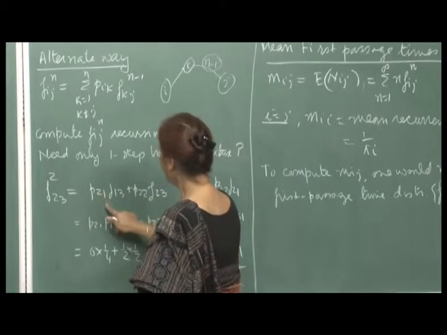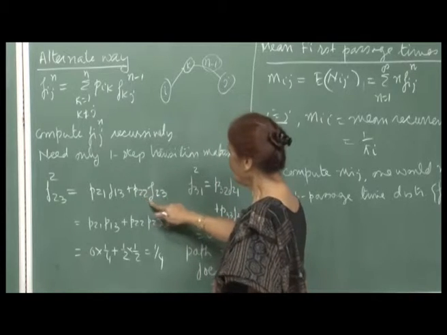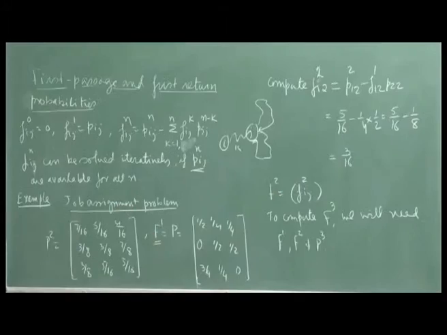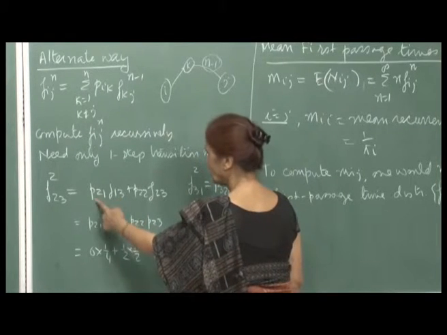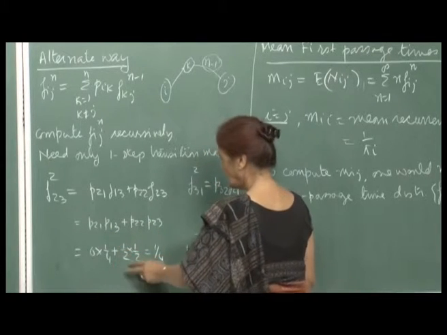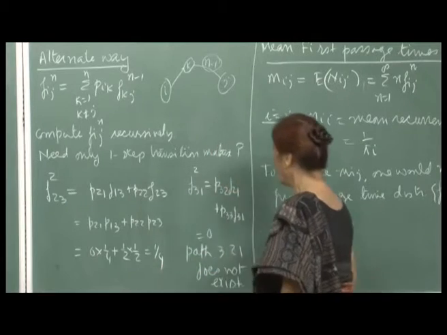And by taking the values, because this is only p_13, this is p_21 p_13 plus p_22 p_23, and looking up the values in the matrix P, you get this.